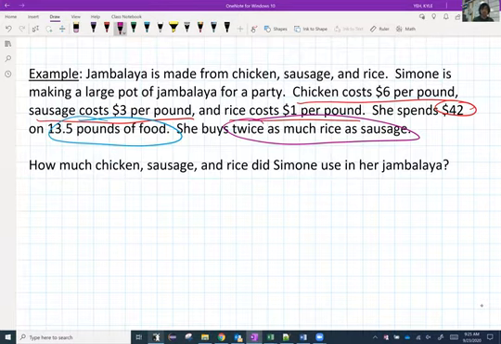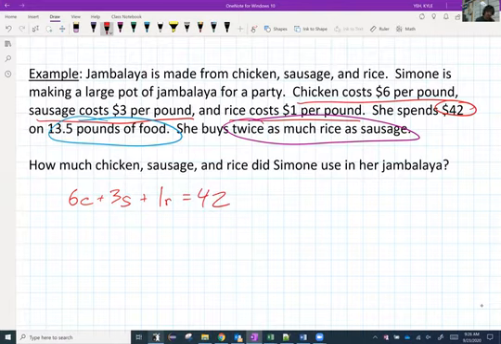Let's do this. Let's start writing out equations. Remember, we have three unknowns. We need three equations. So the first one I'm going to write, I think, is the money one. That's what came first in this problem. So $6 per pound of chicken, plus $3 per pound of sausage, plus $1 per pound of rice should all equal $42 at the end of the day.